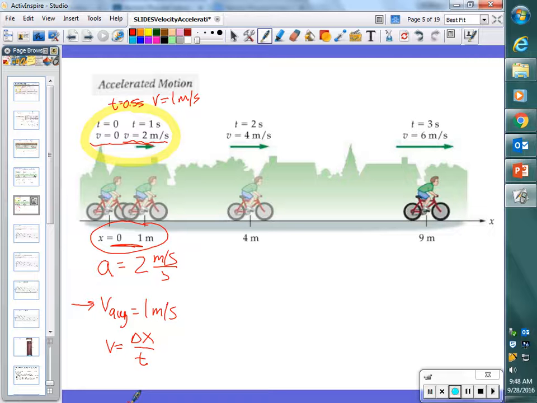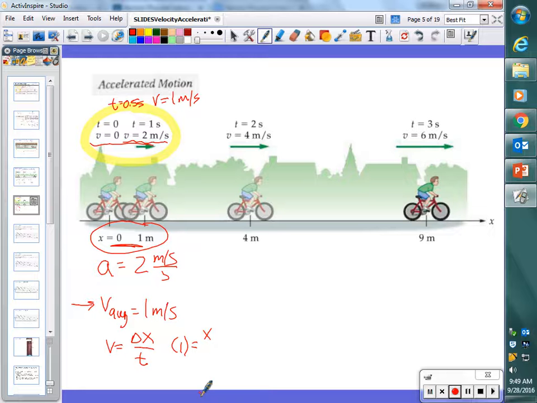All right. What did we say the average velocity was during this interval? 1 meter per second. So I'm going to plug 1 in there for V. What are we trying to verify here? We're trying to figure out how far the guy went, right? So technically, we'll call that X. That'll be our variable. What time frame are we talking about here?